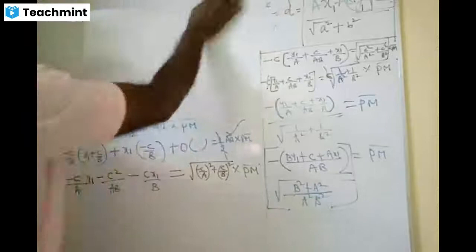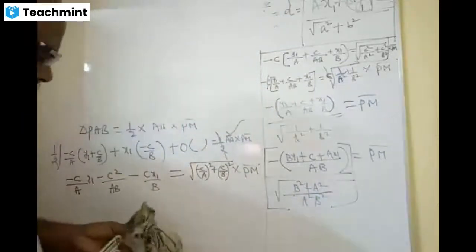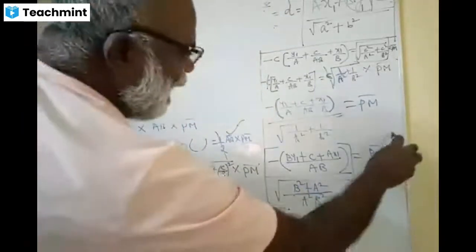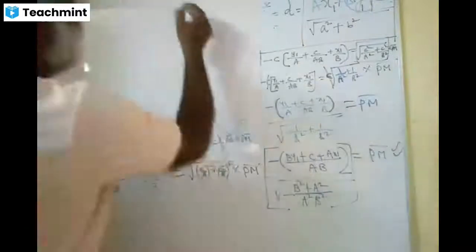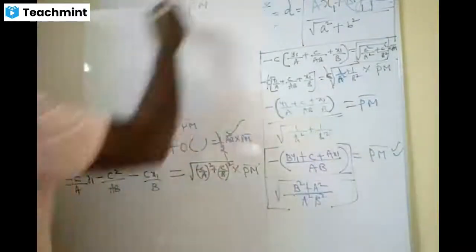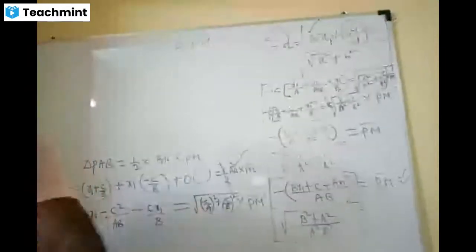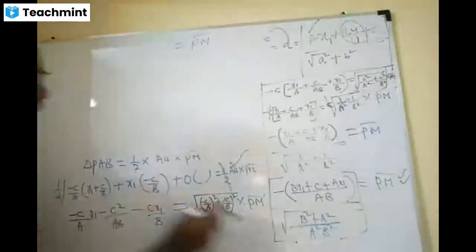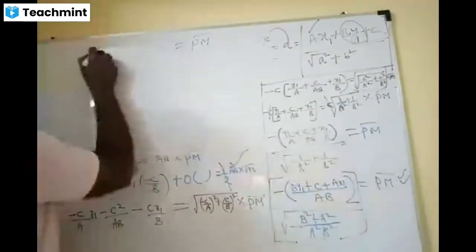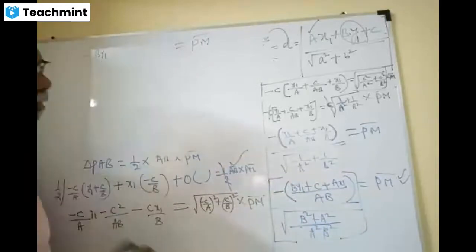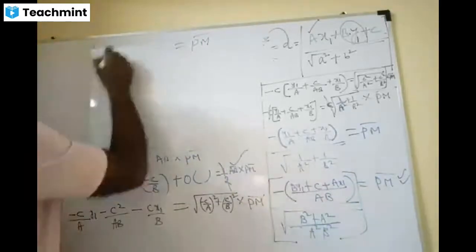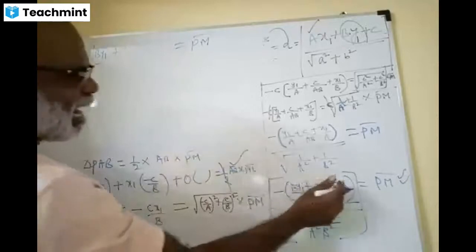Friends, in the form of this only I am writing. I am going to write this now. PM equals to... You are able to see on the top. PM equals to minus of B by 1, bracket plus AX1.